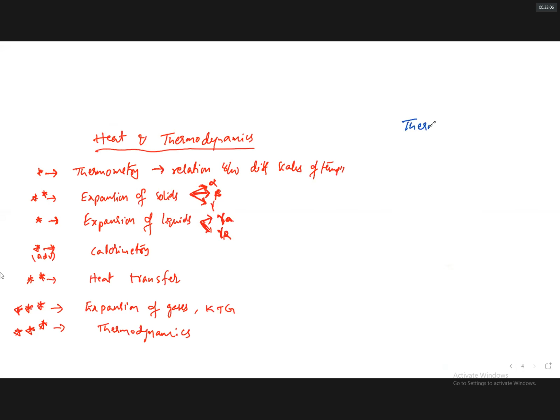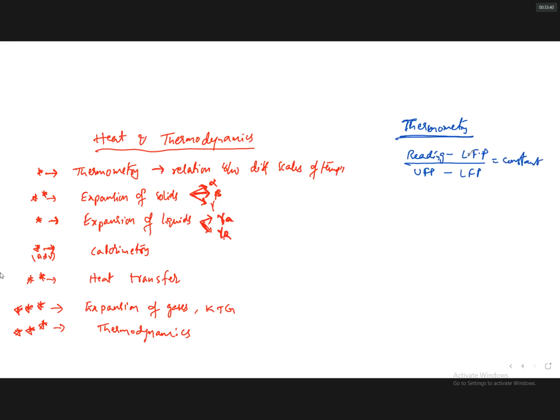And the basic thing we know in thermometry is that we have to convert the temperature in one scale to another scale. In any scale, the property measured varies linearly with temperature, according to old thermometry. So in any scale of measurement, (reading minus lower fixed point) divided by (upper fixed point minus lower fixed point) is constant.